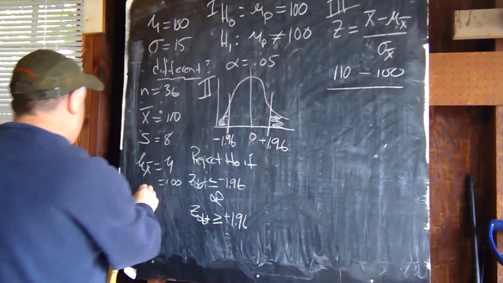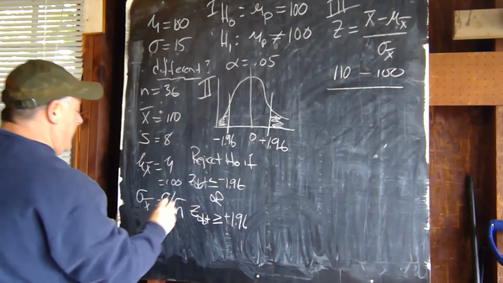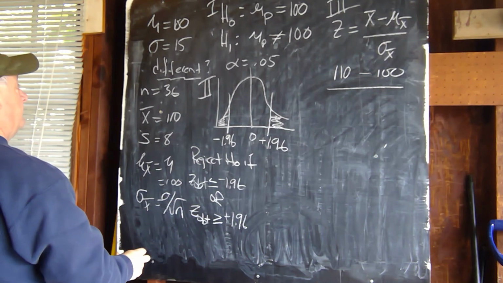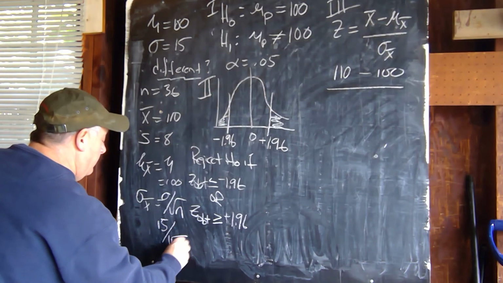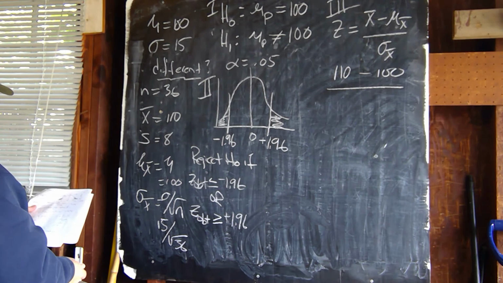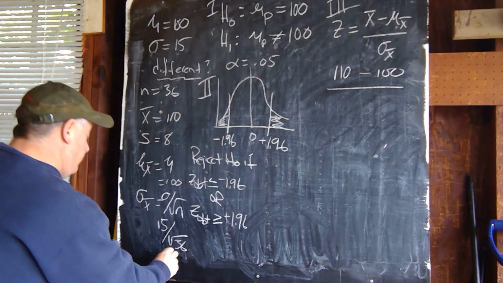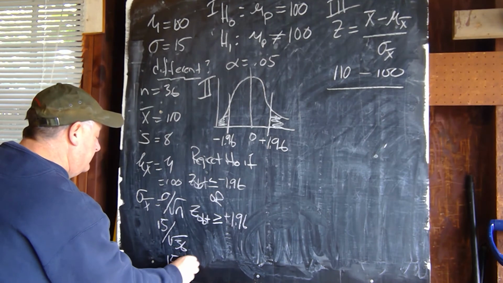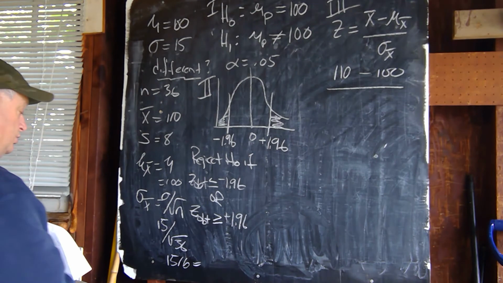Sigma sub x bar, according to the central limit theorem, is sigma over the square root of n. So sigma is 15 over the square root of 36, because n is 36. So this becomes 15 divided by 6, which is 2.5.